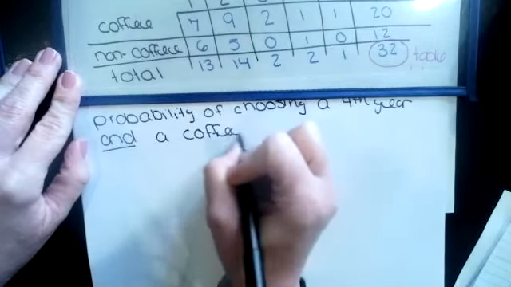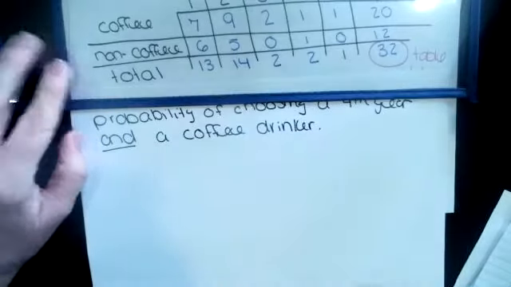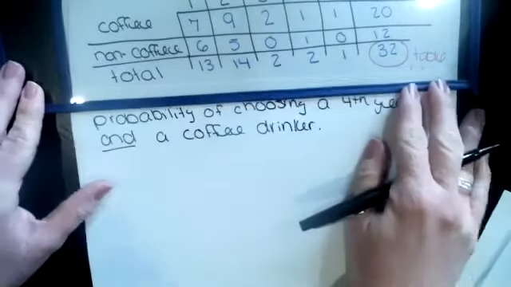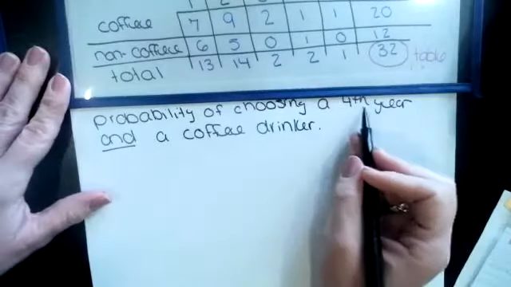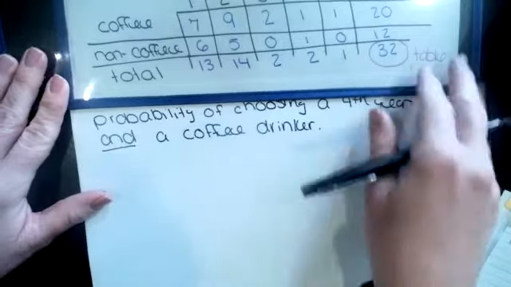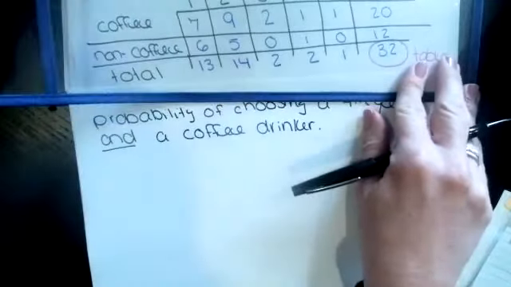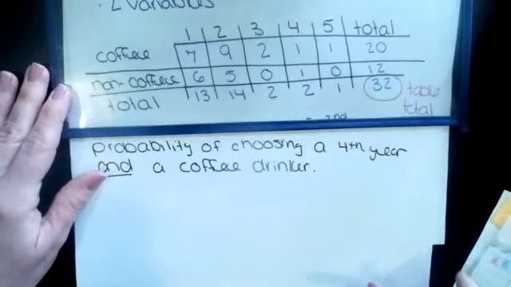A coffee drinker. So what we're studying here, we want to know what is the probability that I'm going to choose someone at random from our class, okay? And that they're going to be a fourth year student that drinks coffee. That's what I'm looking at when it's an and. They're both. Okay, so that's what we're going to look at.